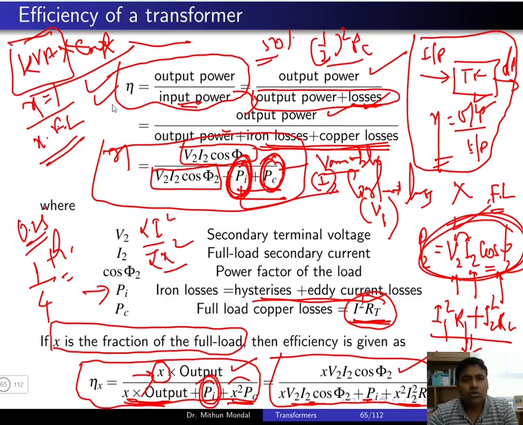So here X into V2I2 cos theta 2 you can easily calculate depending upon the load, right? Load will govern what this cos theta 2 is. If the load is resistive in nature, obviously the cos theta 2 value will be 1, and if the load is inductive or capacitive, then this cos theta 2 will change.